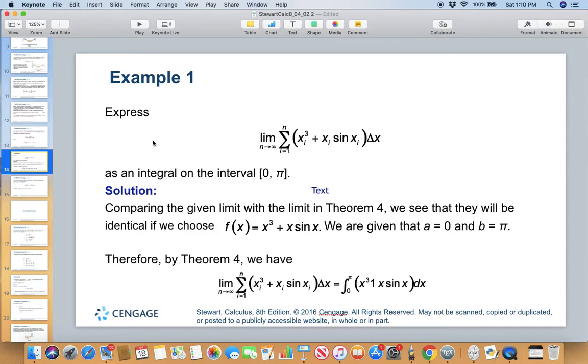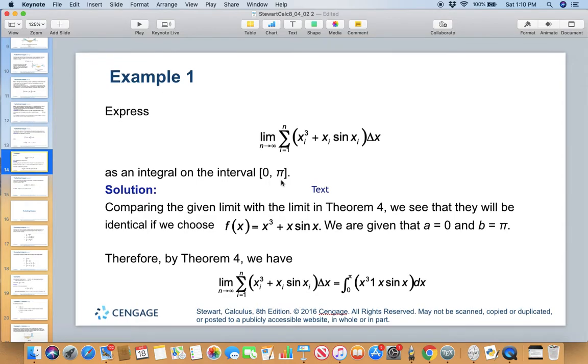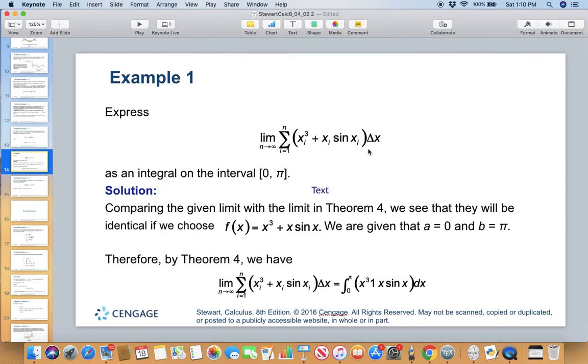Here is an example of how those theorems are used. Express this limit, as n approaches infinity, of the summation i going from 1 to n of xi cubed plus xi sine xi, delta x, as an integral on the interval 0 to pi. All right, so what do we do? This delta x is written dx.